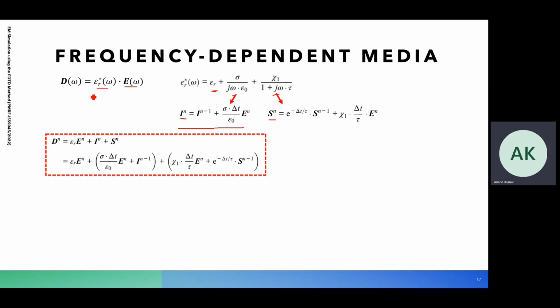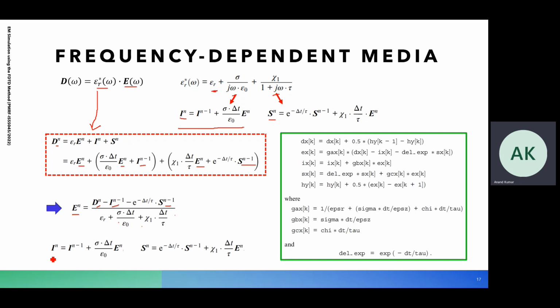This can be translated to this expression, where Dn is given in terms of En, En minus one, and Sn minus one. We can rearrange this to find the electric field in terms of flux density Dn, the auxiliary variable In, and auxiliary variable Sn, and all the rest of the coefficient values that are already known to us.